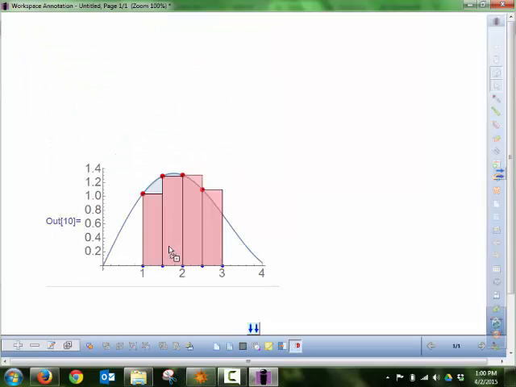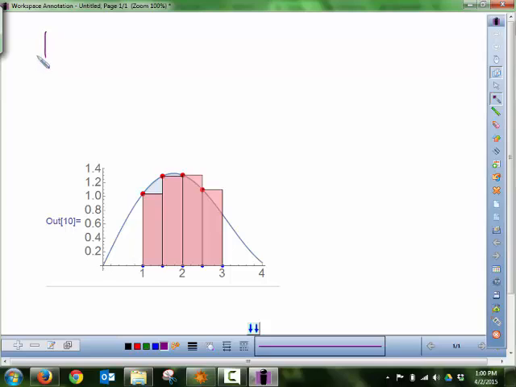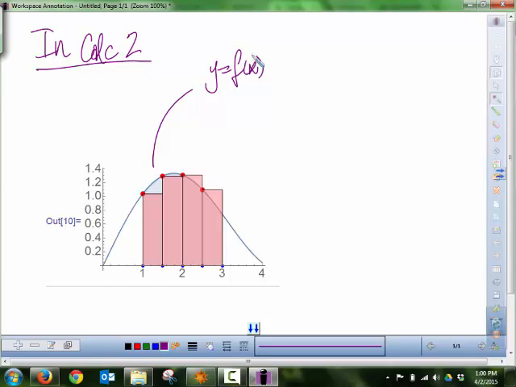So back in Calc 1, or I guess we did a little bit of this in Calc 1, but most of this kind of fell under Calculus 2. We have y equals f of x, some function, and then we started off by taking partitions of your interval. Our interval is a nice one-dimensional interval because our function f goes from R to R. Our domain is one-dimensional.